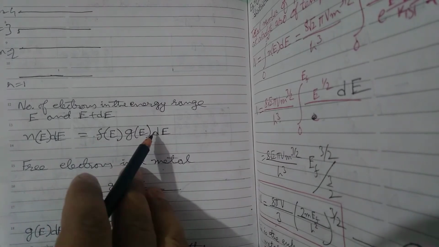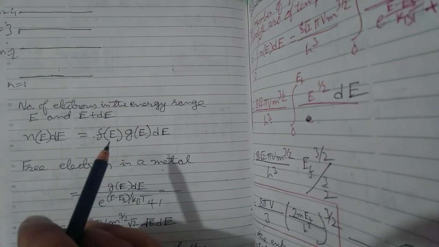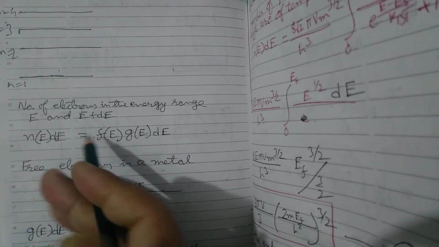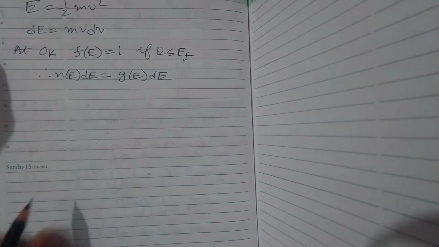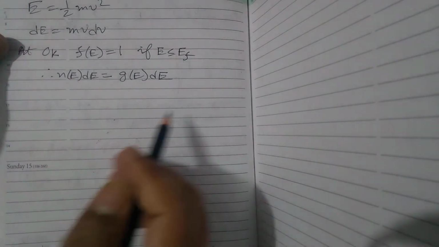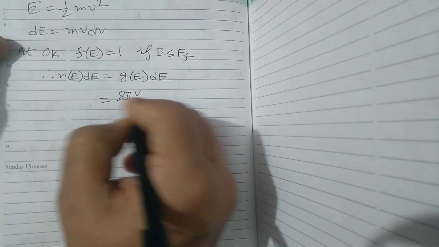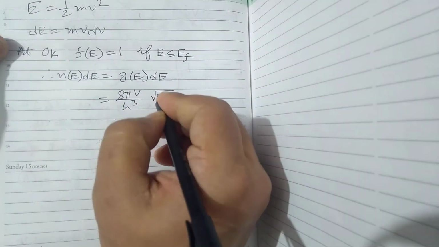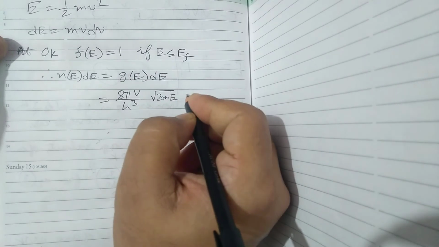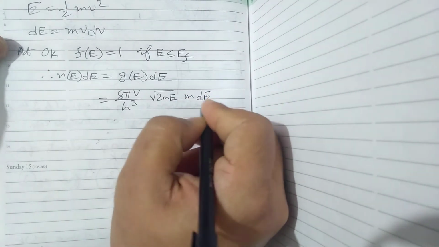We have already taken that it is 0 to EF, so within that F(E) is 1, so n(E) dE is g(E) dE. And g(E) dE is 8 pi V by h cube into square root of 2mE into m into dE.